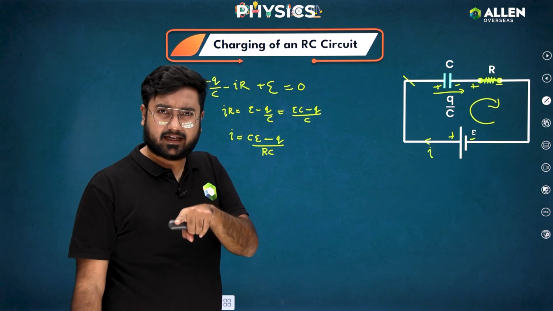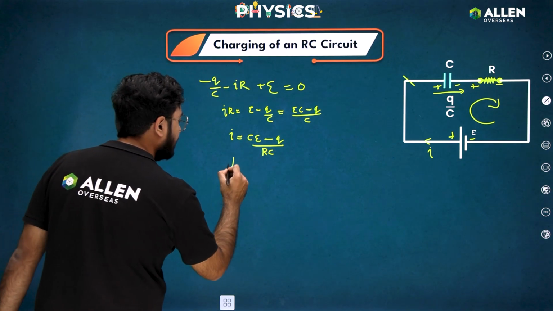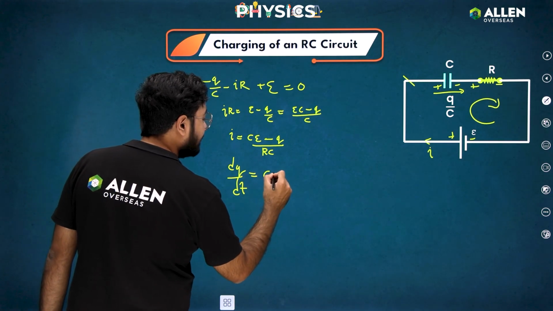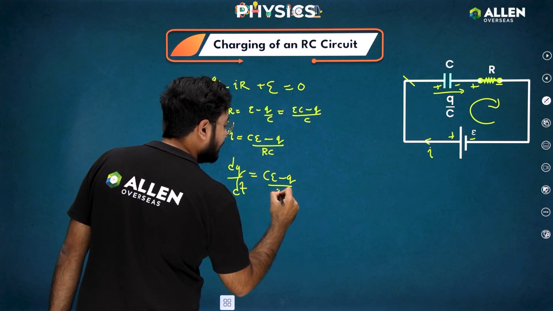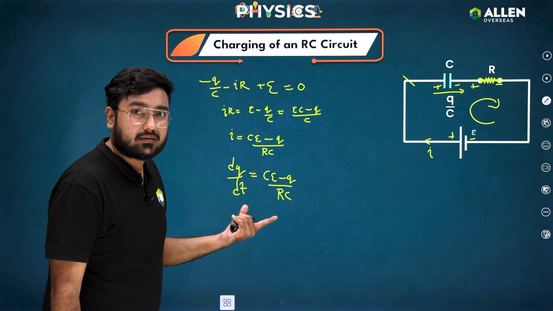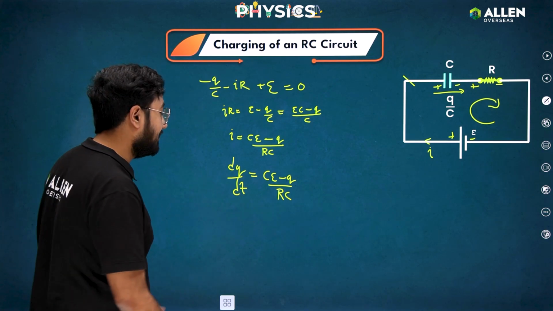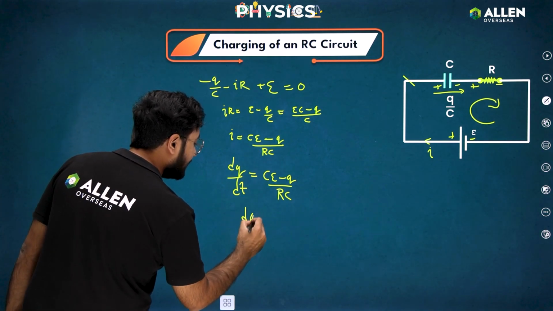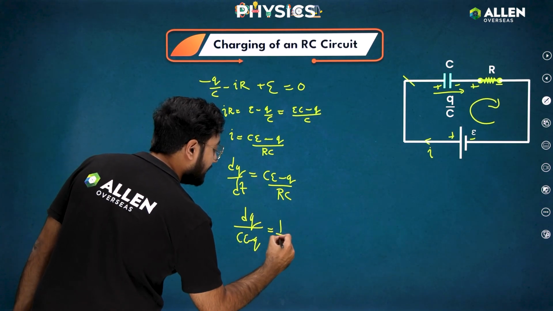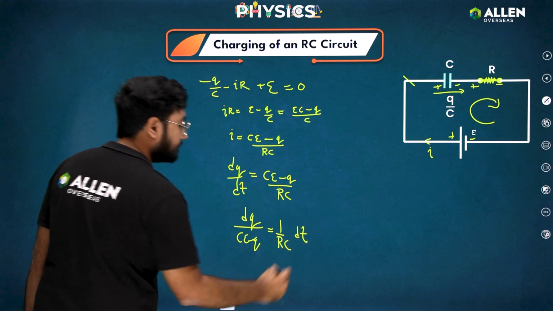Sir, dq by dt. dq by dt. So this is equal to CE minus Q by RC. Such a nice differential equation, a variable separable differential equation. So solve it: dq over CE minus Q is equal to 1 by RC dt.